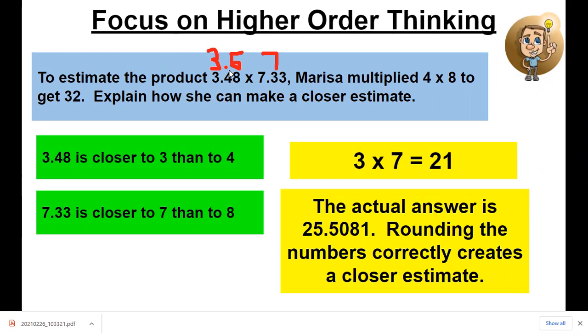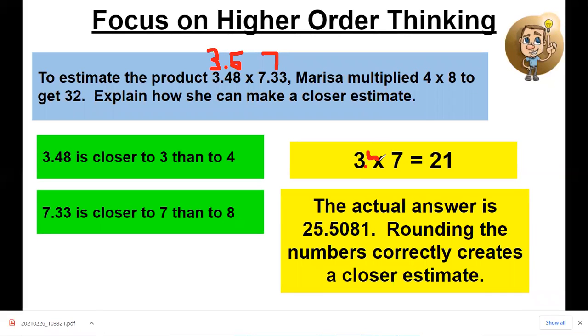If we were to round this to 3.5, we'd get an even closer estimate. So if we were to do 3.5 times 21, what would we get that way? Well, I have to do it vertically. So 21 times 3.5, and I pretend like the point's not there now until I get done multiplying. 5 times 1 is 5. 2 times 5 is 10. 3 times 1 is 3.